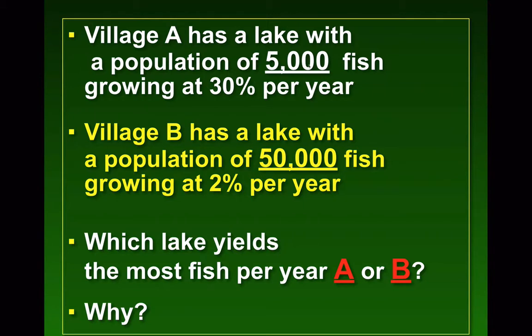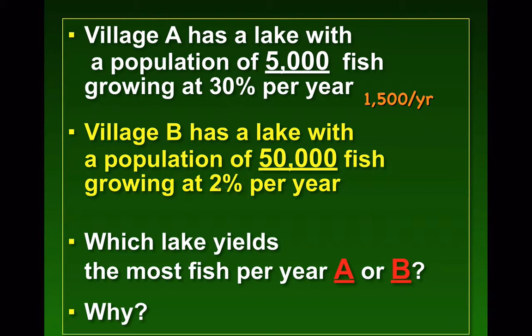What I do is first figure out what 10% of this would be. For 10%, you just move the decimal place over 1. So 10% would be 500. And then we need 3 times that, because this is 30%. So you take 500 and multiply by 3, and you get 1,500 per year. That would be the number of fish you could harvest out of this lake with 5,000 fish in it.